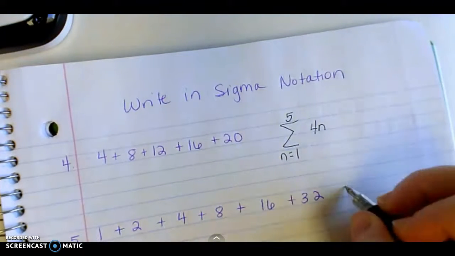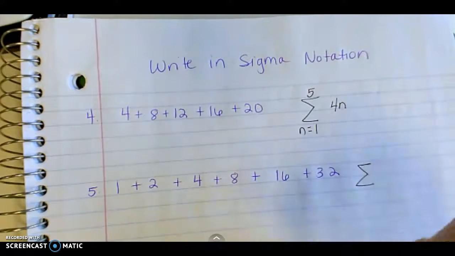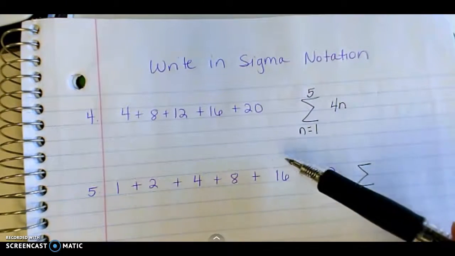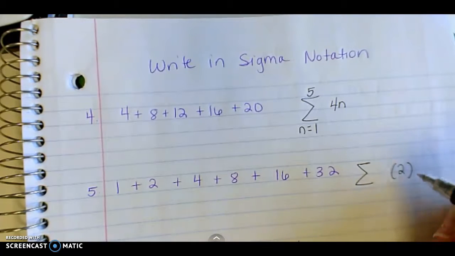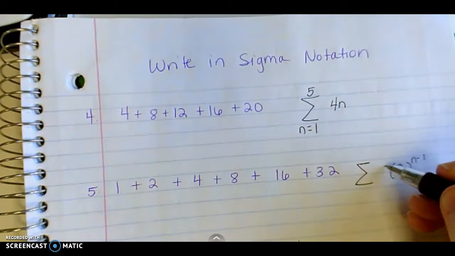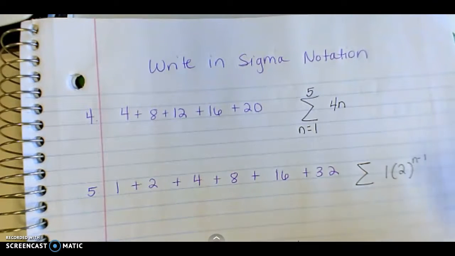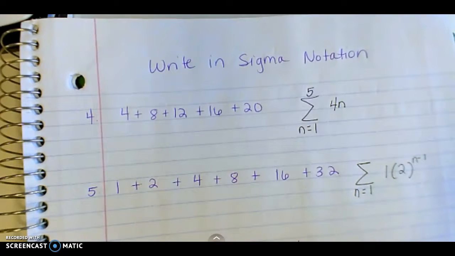On the next one, again, I'm going to start with my sigma. Alright, looks like I'm multiplying by 2 every time. So I know it's going to be 2 to the n minus 1. My first term is 1, so if you want to have that 1 there, that's okay. And that's the formula for the geometric sequence. And again, if you're doing it geometrically, you're starting at 1.